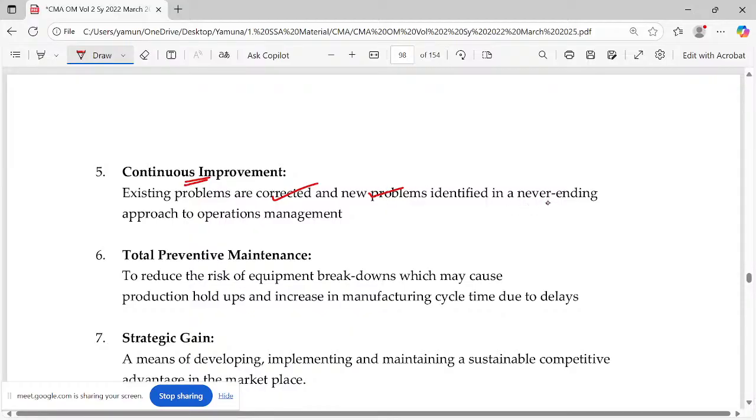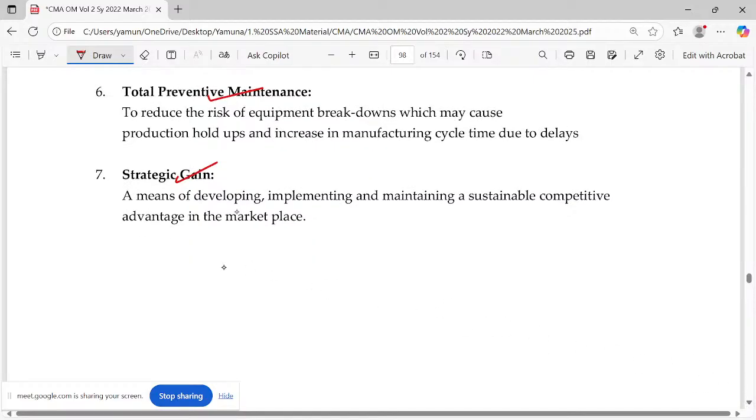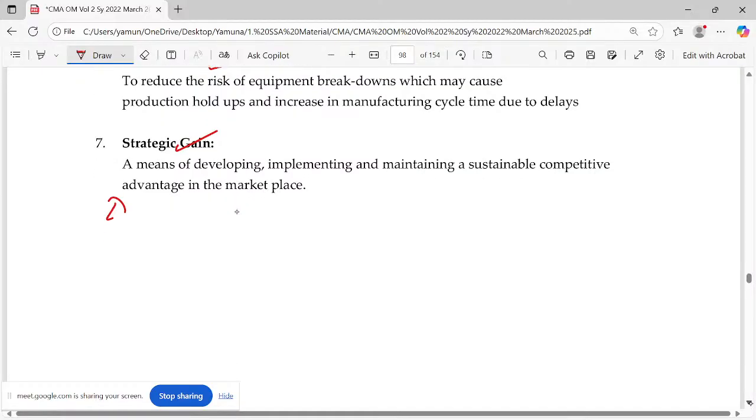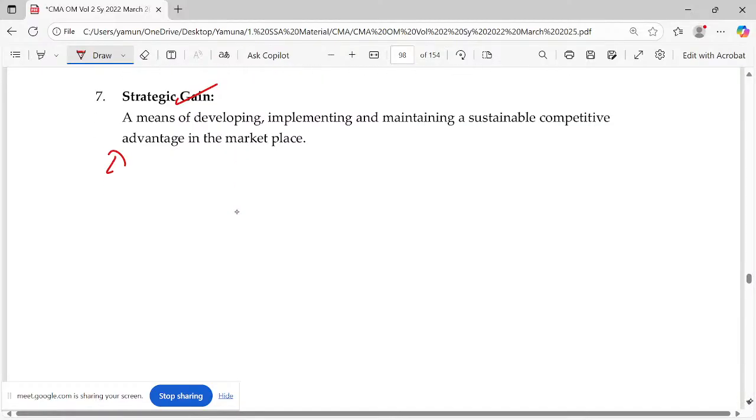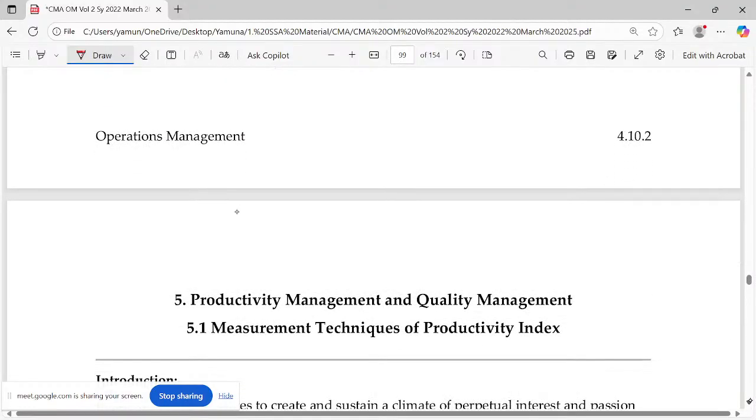So it's a continuous, never-ending process. Total preventive maintenance has to be done if we get some strategic gain, else it's not going to make any positive effect for us. Ultimately, we should get some return. Why are you going to just spend and spend and spend? It's totally waste. So that's about this heading, which is actually a small heading. Can you just go through it?